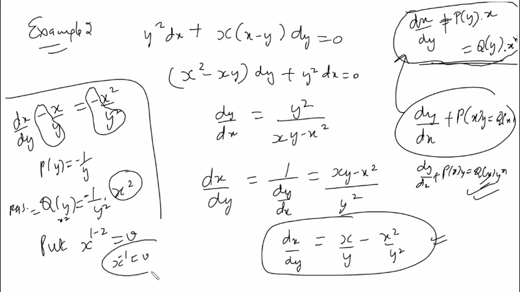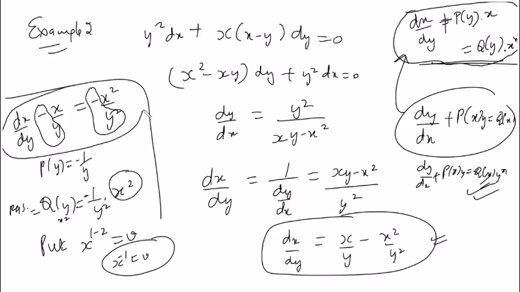So once you get this, x raised to power minus 1 is v. So what you are going to get? Minus x raised to power minus 2 dx by dy is dv by dy this time. Now y is the independent variable. So this was my equation.